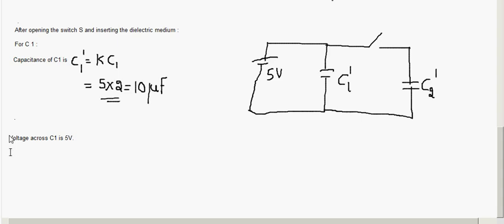Now charge Q is equal to C1 dash into V, which is 10 into 5 into 10 to the power minus 6, so it is 50 microcoulomb.